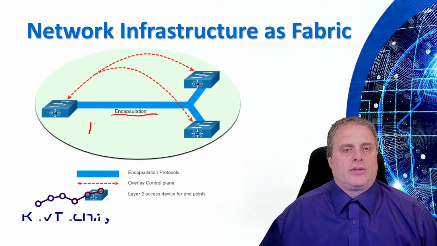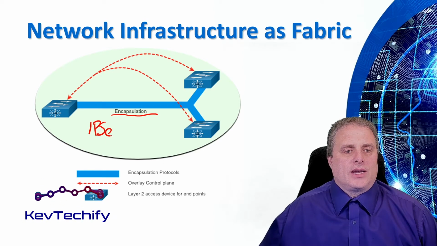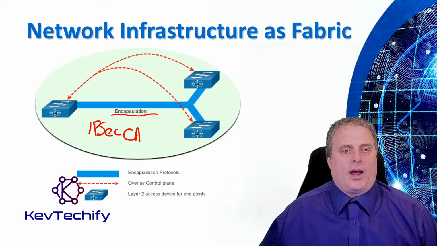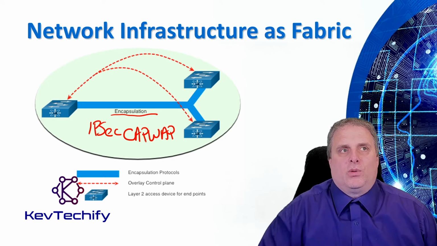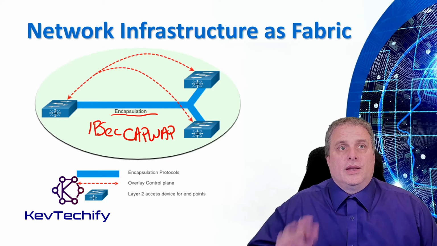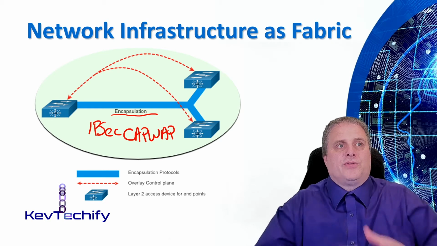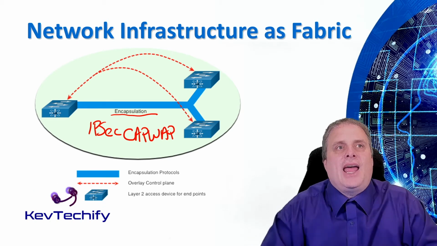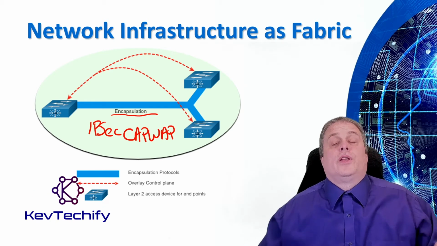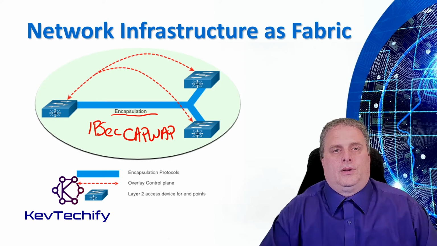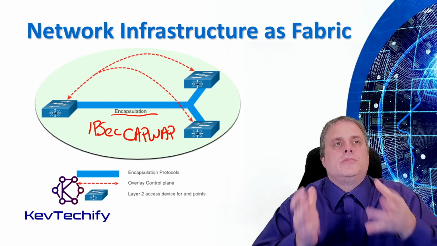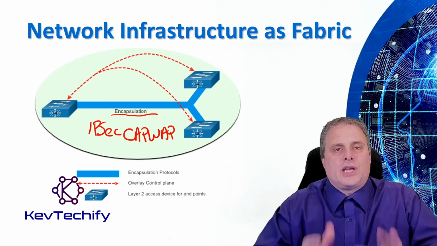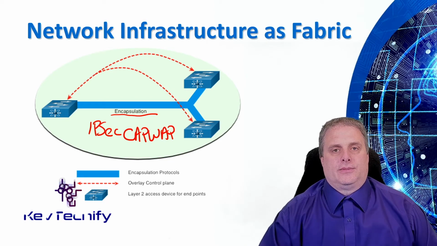This is where we have stuff like IPsec, and then we have our CAPWAP dealing with our wireless access points. Using this intent-based networking, the network administrator can use different policies to specify exactly what happens in the overlay control plane. And when we use this overlay, it doesn't matter how the switches are physically connected.